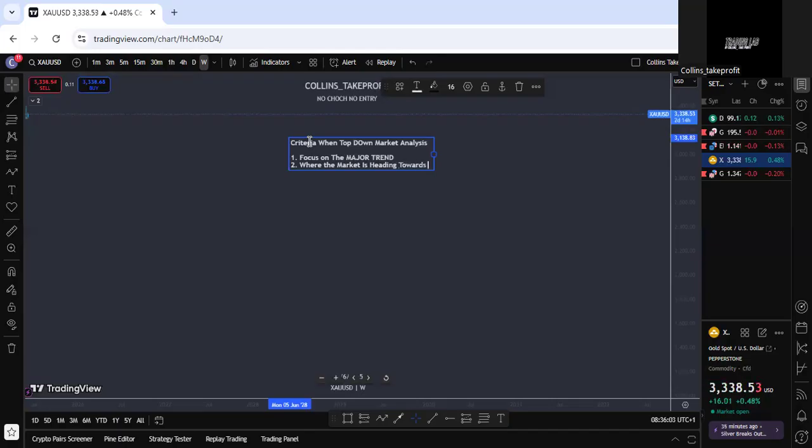And then thirdly, you need to know the pace of the market. And lastly, you need to know the minor trend of the market, that's the current trend of the market.